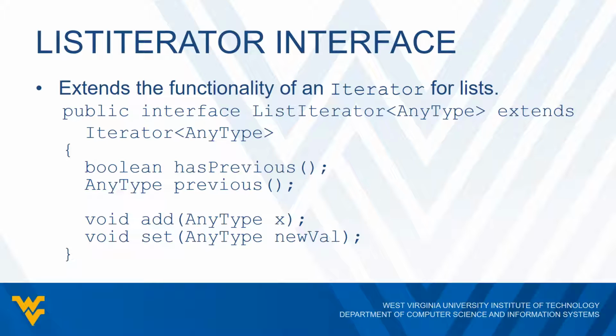It's an interface, and it does extend the iterator interface. So we do inherit everything from the iterator interface, but we also have some additional methods in here. So we have hasPrevious. We also have a previous method, and then we also have 2 void methods. We have an add method, and we also have a set method.